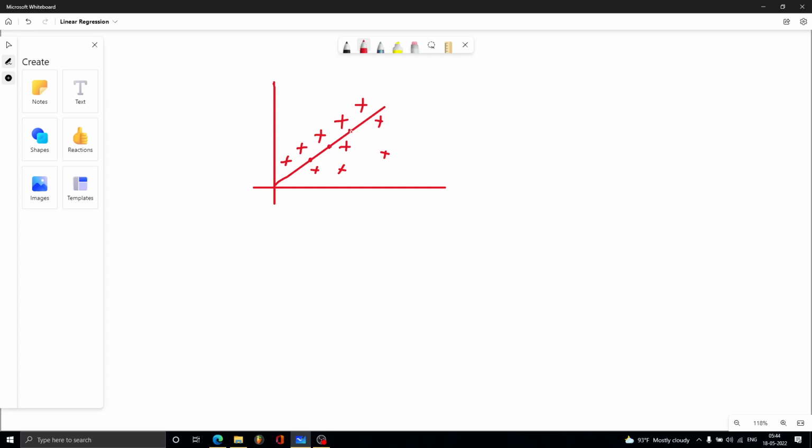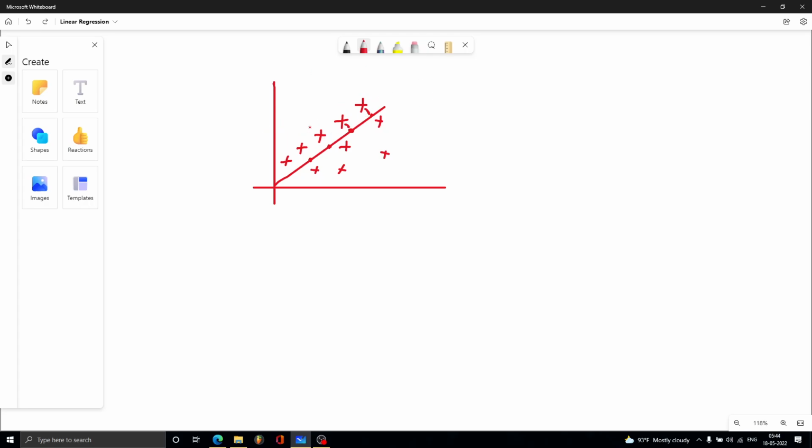For all actual values, the predicted values should have the least amount of error. The difference between this point and this point should be small. Now how will we know how to place this best fit line so that it covers the majority of actual values?